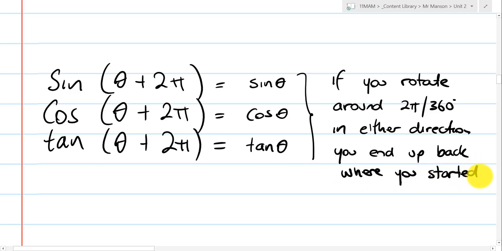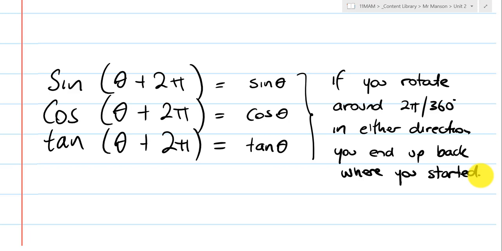And you all just did that anecdotally before, with the cos of 7, sine of 7 pi. That was 3.5 rotations, which is the same as half a rotation. So the same thing here. That 2 pi is a special number. That's a full rotation. So if we add 2 pi on, we end up in the same position. Add 2 pi on again, same position.